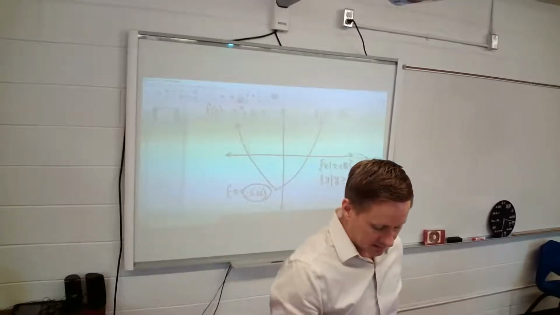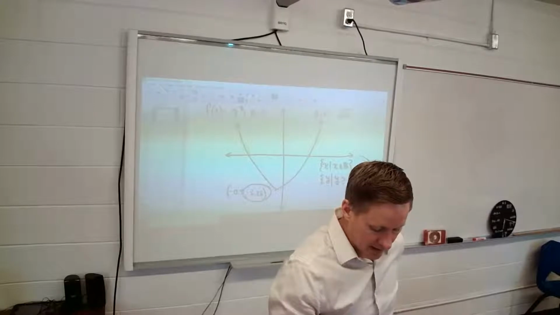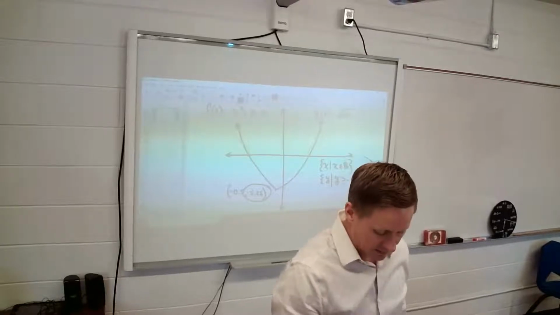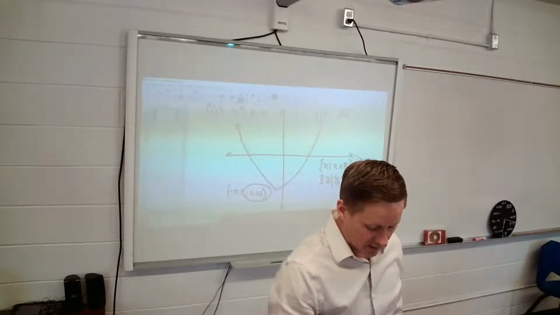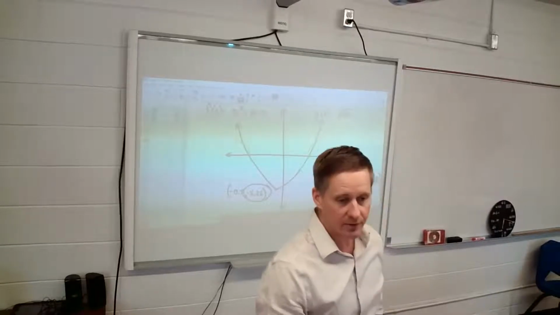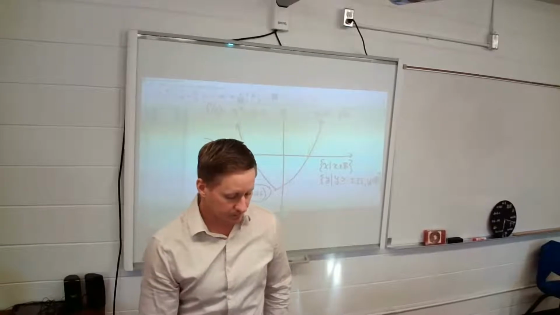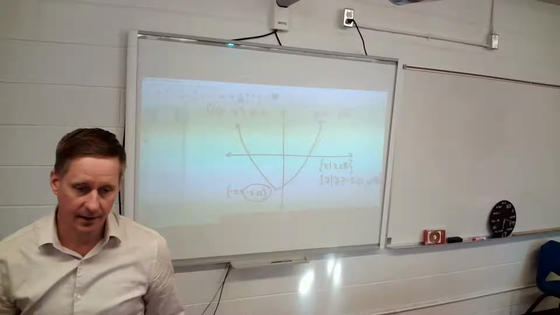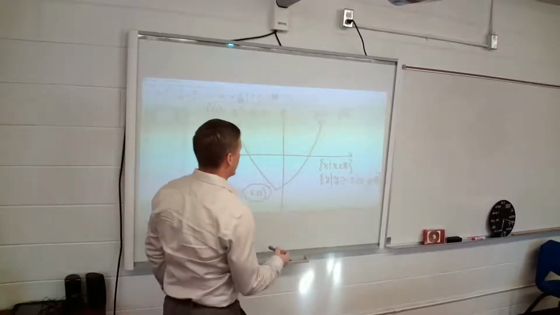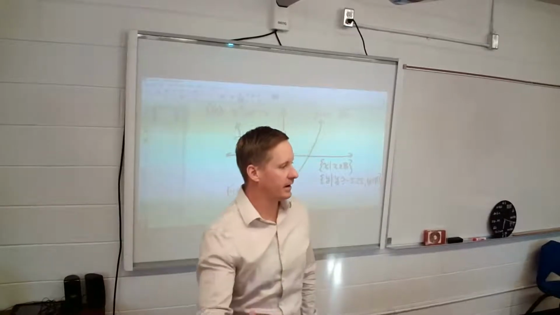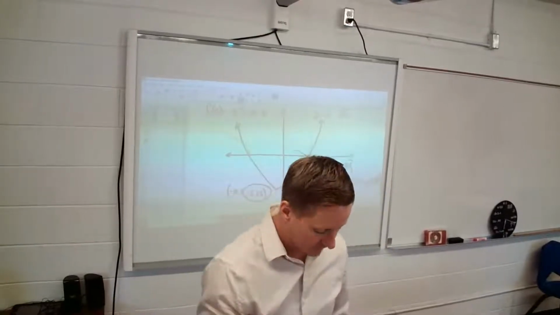Now, when considering the domain and range of y equals square root x squared plus x minus 5, remember that you cannot take the square root of a negative number. So you can only find the square root of this function where x squared plus x minus 5 is greater than or equal to 0. Now, one of the things the book will tell you, all right, is that when you're looking at the domain, you look at the original graph, and then when you look at the range, you look at the new graph.